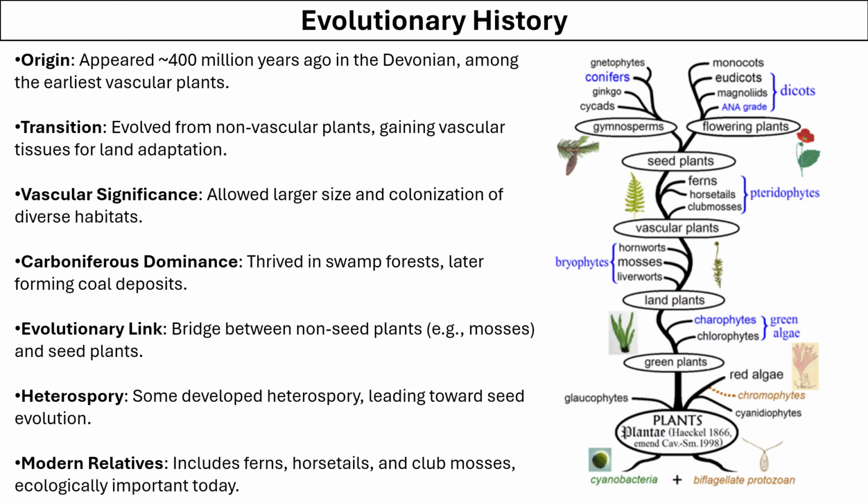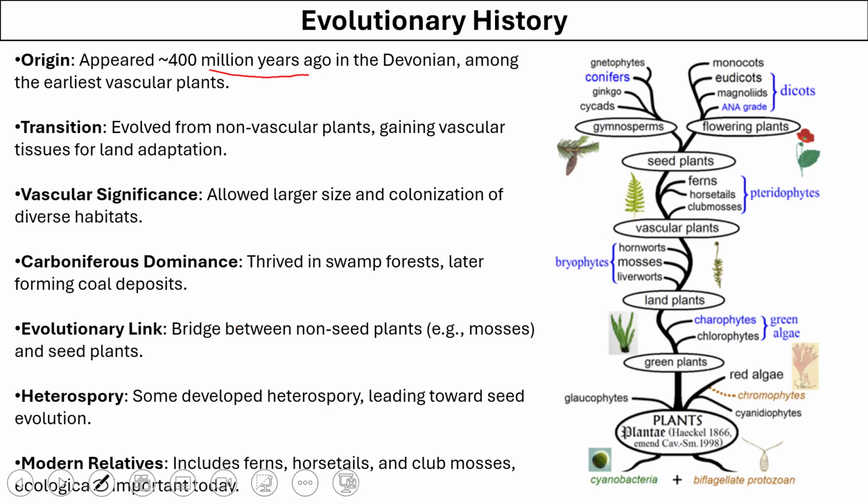Let's look at the evolutionary history of pteridophytes. Pteridophytes are believed to have evolved 400 million years ago, and they were the earliest vascular plants. They have evolved from non-vascular plants called bryophytes, and this adaptation helps in surviving on land because vasculature is important for transportation of water from the soil to the different parts of the plant.